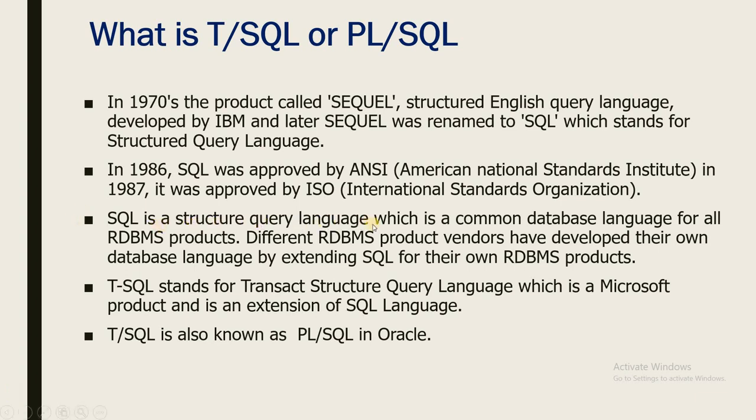SQL is a structured query language which is a common database language for all RDBMS products. Different RDBMS product vendors have developed their own database languages by extending SQL for their own RDBMS products.